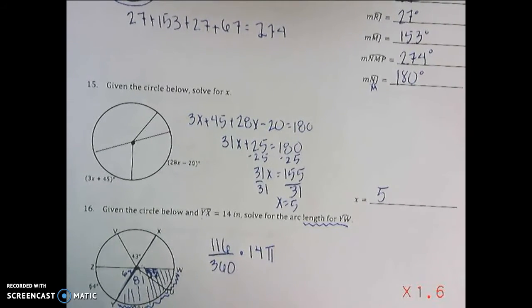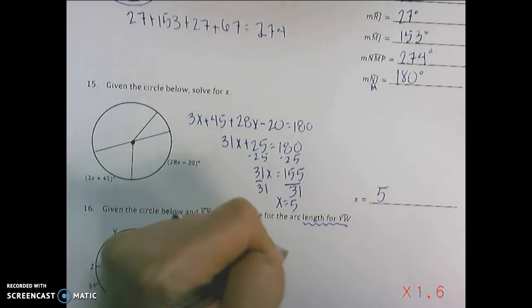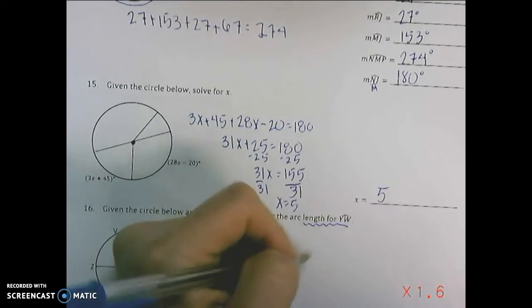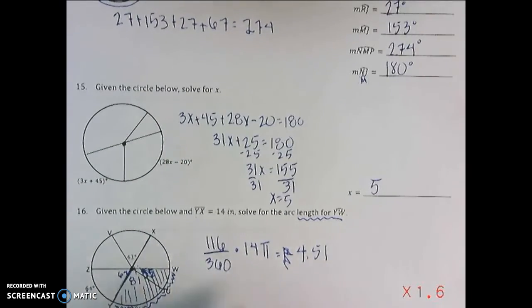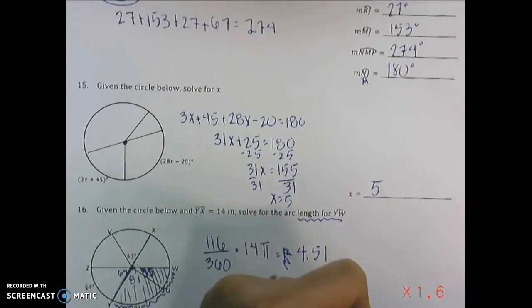Equals 360. When I do that, I end up with 4.51. So your arc length, you can go ahead and write down as 4.51.